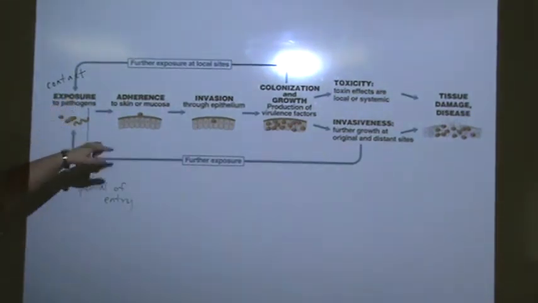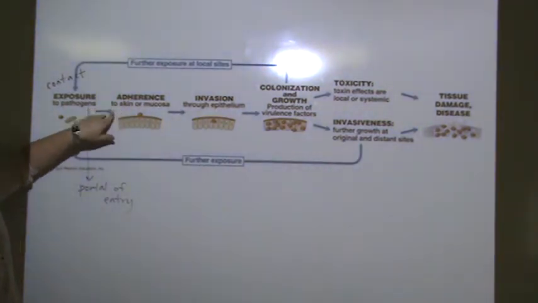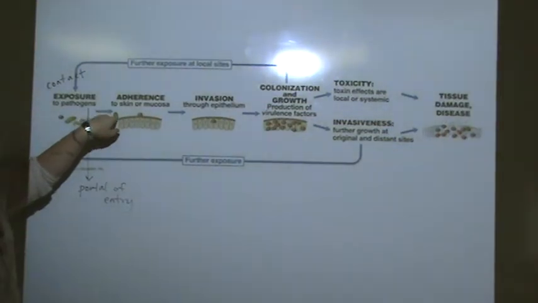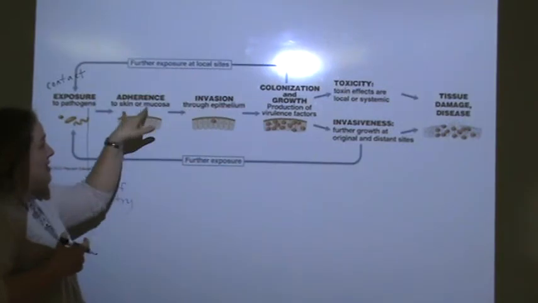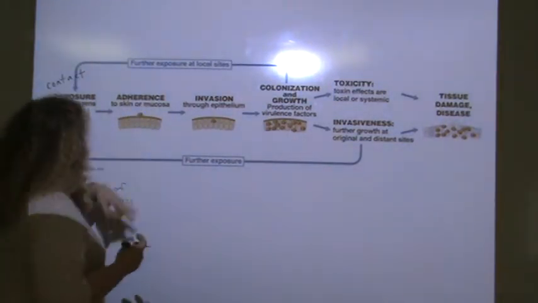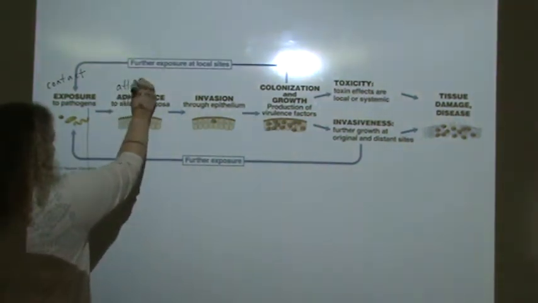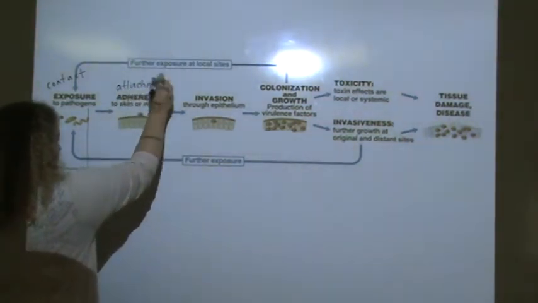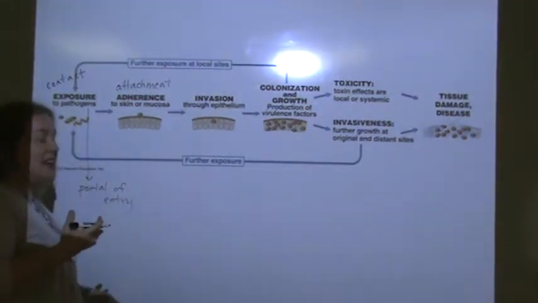The second requirement to establish a colonization or an infection is that the microbe has to adhere to some part of your body. So it's not that it just gets on you and that's it. It has to actually adhere and stick or stay. And some other books will call this step attachment. So just because you touch it or come in contact with it does not mean that it's going to stay in your body.